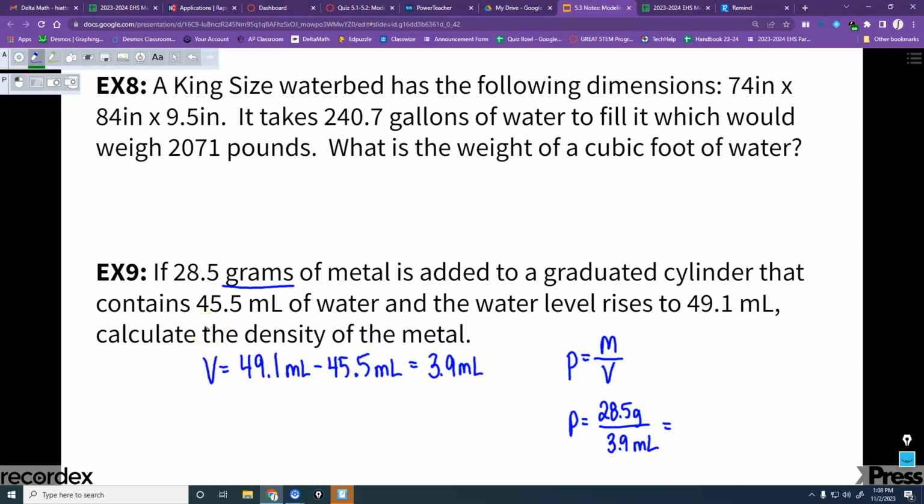If we divide those, 28.5 divided by 3.9, we are going to get 7.30. I'm going to round that to 7.308 grams per milliliter.